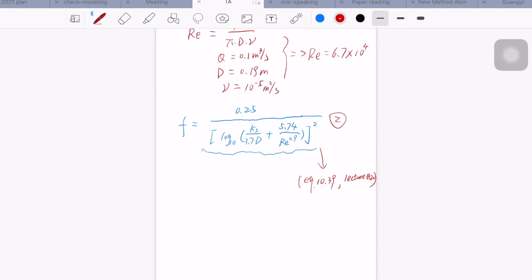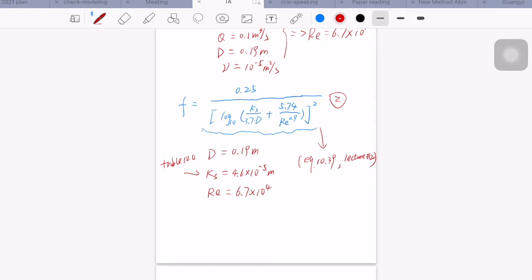And now we know D is 0.19 meters, and Ks from table 10.4 in your textbook is 4.6 times 10 to the power of -5 meters, and the Reynolds number is 6.7 times 10 to the power of 4.